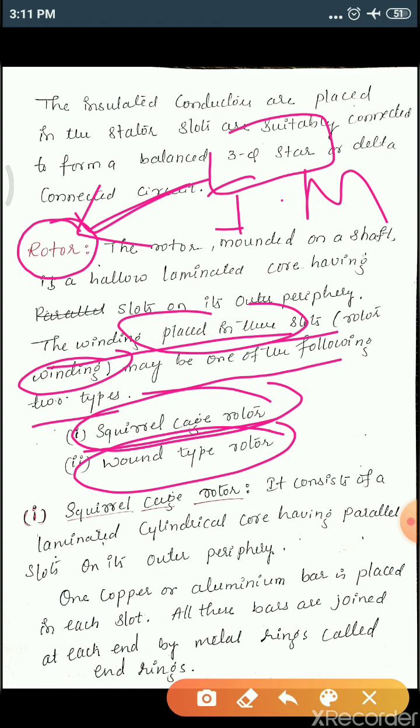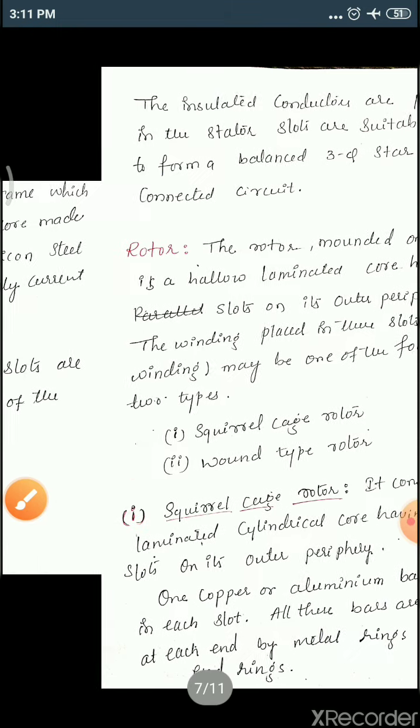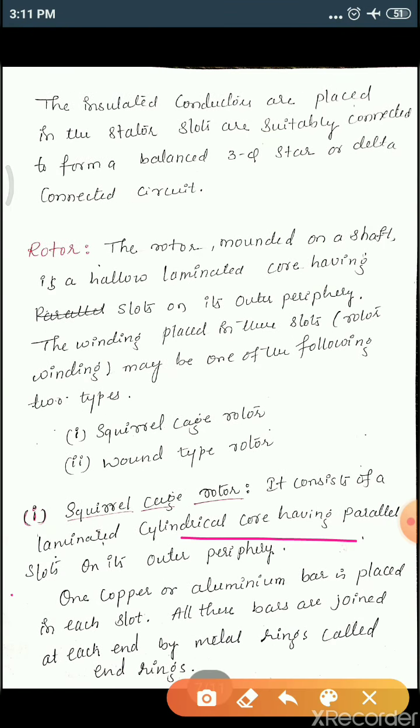Let's see first what the squirrel cage rotor is. It consists of a laminated cylindrical core having parallel slots on its outer periphery. The parallel slots will be shown in the figure. One copper or aluminum bar is placed in each slot.